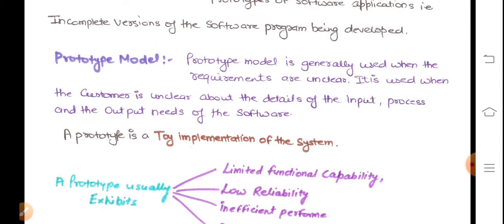There one phase is completed, then another phase begins, but here we can go back and change the requirements. When the requirements are unclear, we go for the prototype model, and it is used when the customer is unclear about the details of the input, process and output needs of the software.